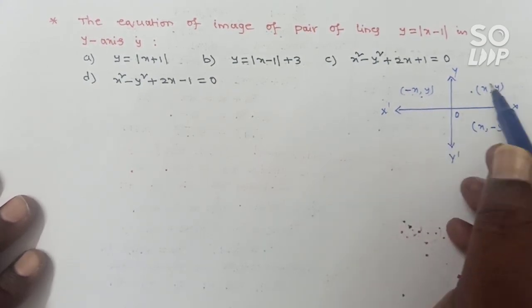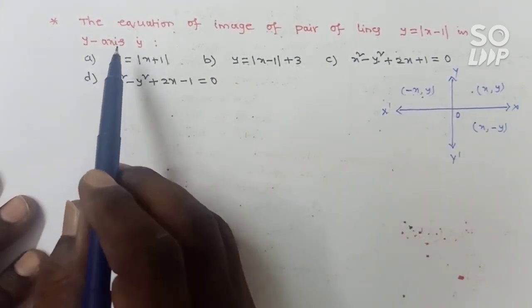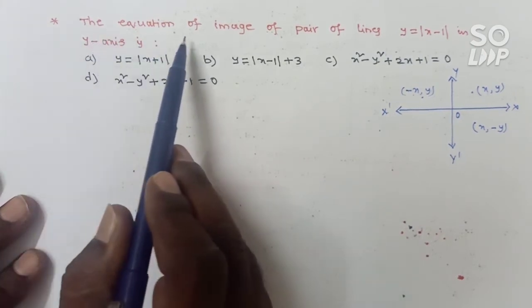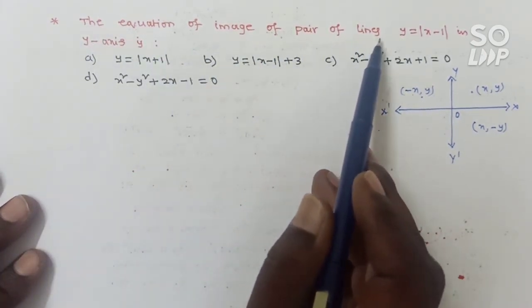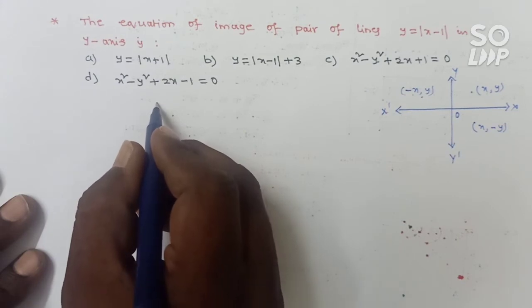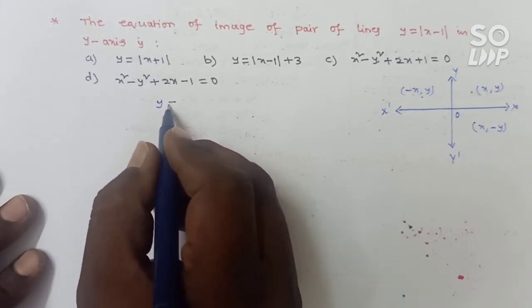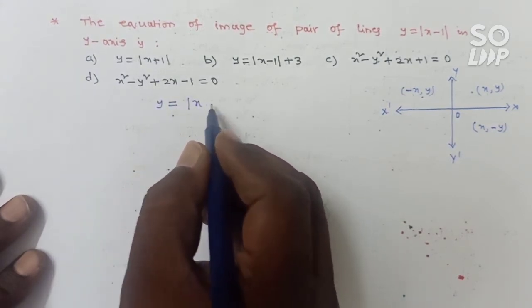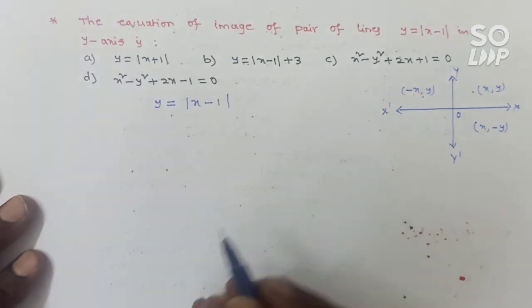So according to this fundamental concept, in this problem, the equation of image of pair of lines y is equal to modulus of x minus 1.